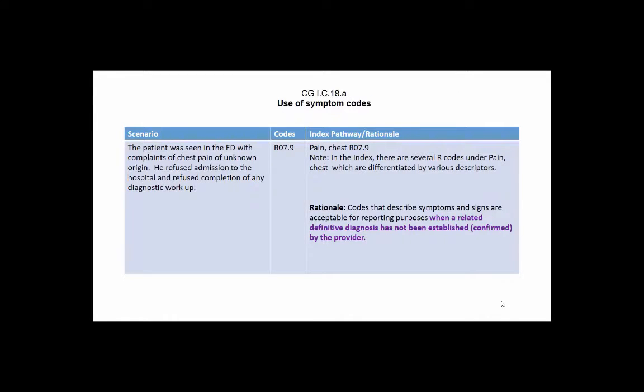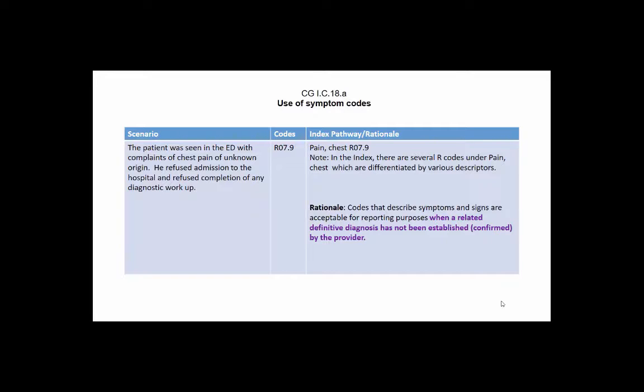The first guideline has to do with the use of a symptom code. In the case that's been given here, the patient was seen in the ED with complaints of chest pain of unknown origin. He refused admission to the hospital and refused completion of any diagnostic workup. In that case, all you can code is the chest pain. And when you look in the index under the chest pain, there are several R codes that are differentiated by various descriptors like where on the chest, the central chest, or other parts of the chest, or other descriptions of that pain.